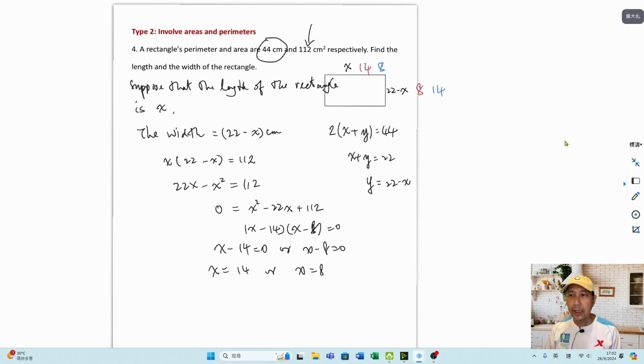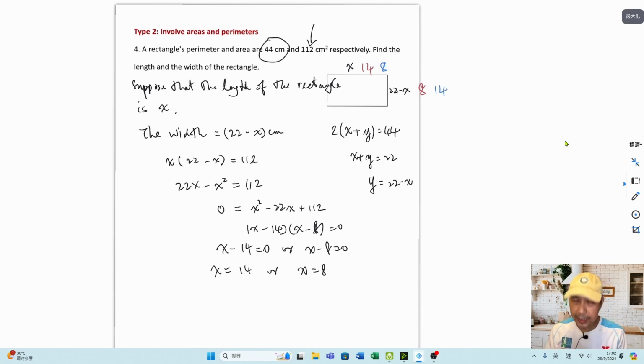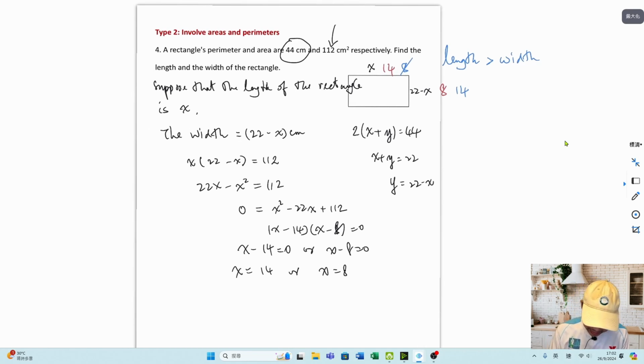It is not possible for a rectangle, as the length is always longer than the width. So 8 for the length is not the correct answer. So we reject 8. So we have only one answer, 14.